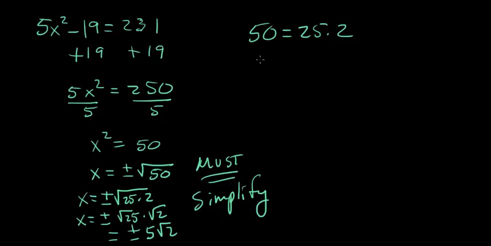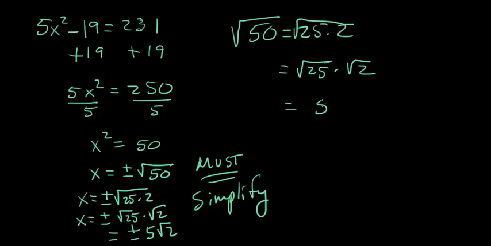Let me go over that again. If you have the square root of 50, that's the square root of 25 times 2, which equals the square root of 25 times the square root of 2, which equals 5 times the square root of 2, because the square root of 25 is 5.